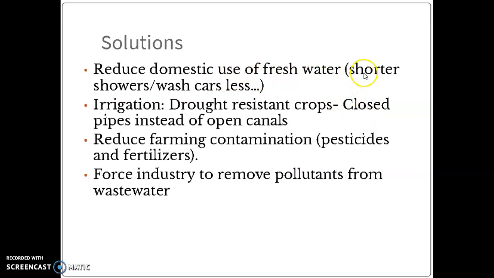So starting with, you take shorter showers, you don't wash your car as much, you make sure you turn off the faucet when you're brushing your teeth, any little thing you can do to try to save water and not waste it. And then, changing irrigation, use drought resistant crops or use closed pipes instead of open canals for irrigation.